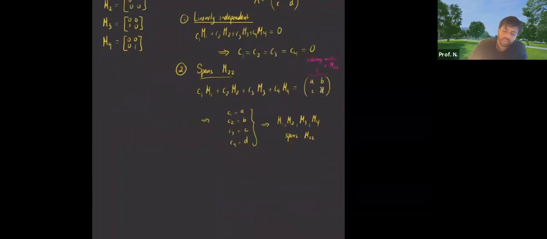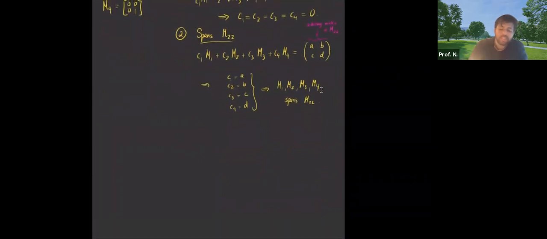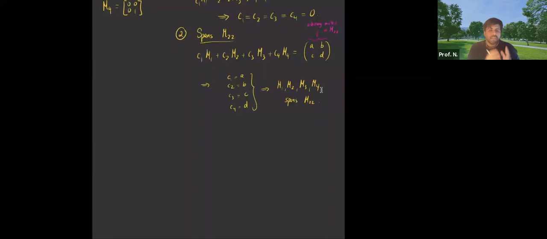Okay, so let's do something now. So now we understand that a basis of a vector space is a set that is both linearly independent and spans the entire vector space.